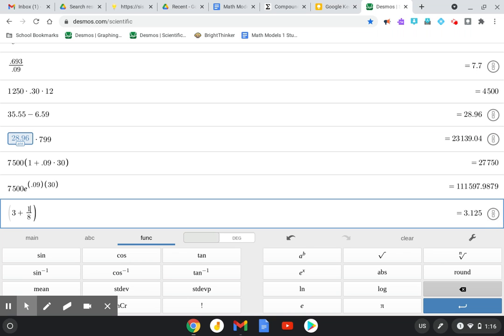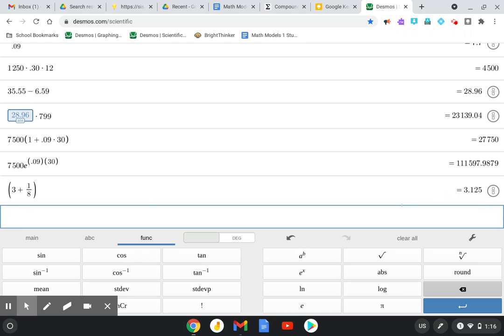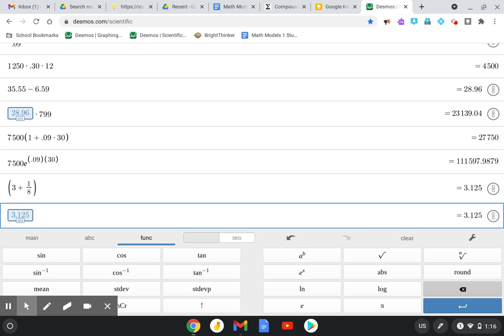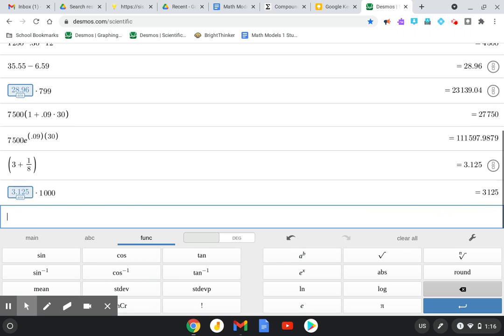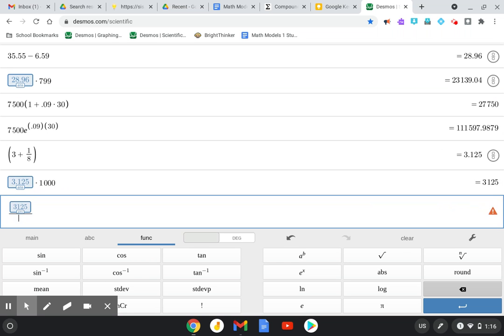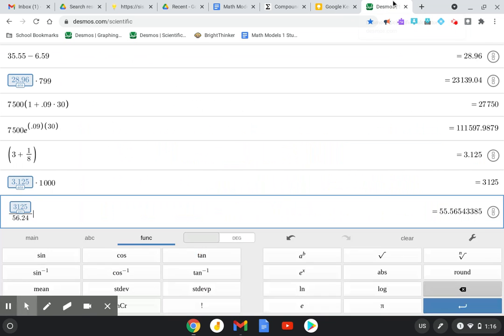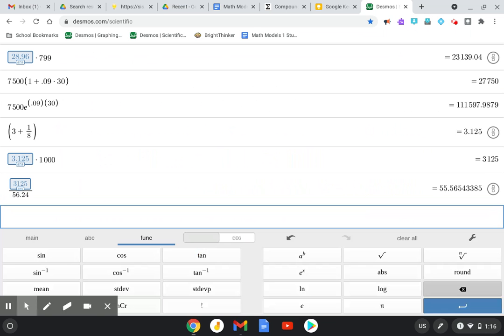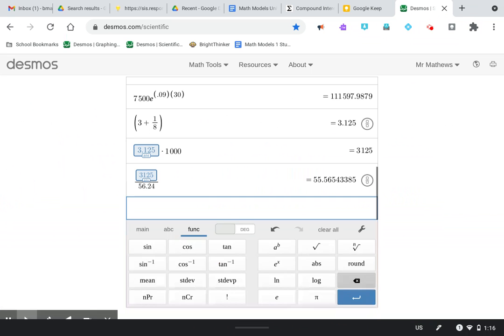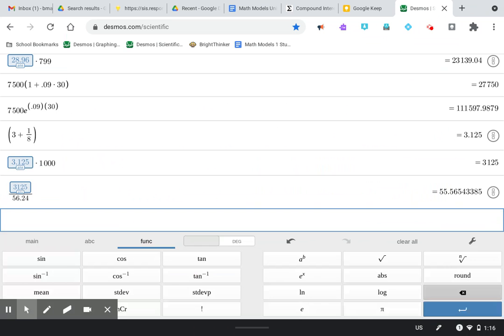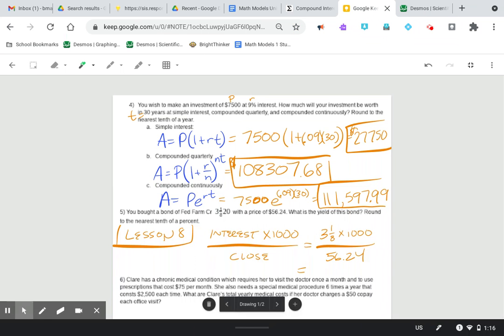Okay. That's really important because that's a mixed number. So we're going to do answer of that times 1,000, and then we're going to do that answer divided by 56.24. Yep. And we get 55.57 is the yield.